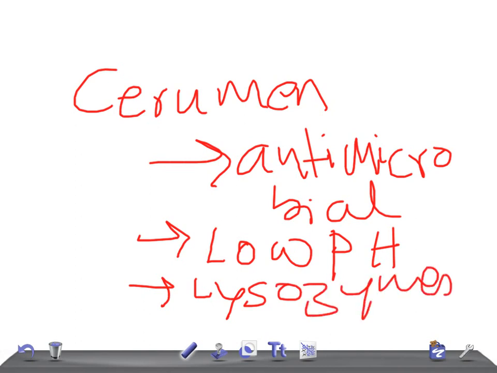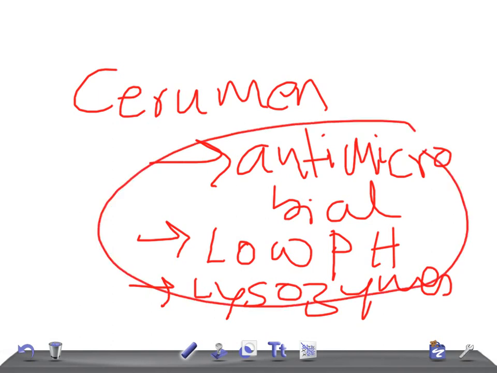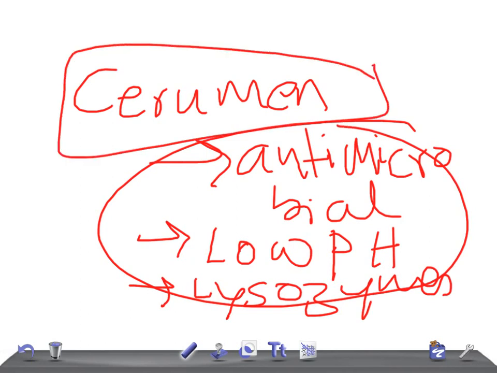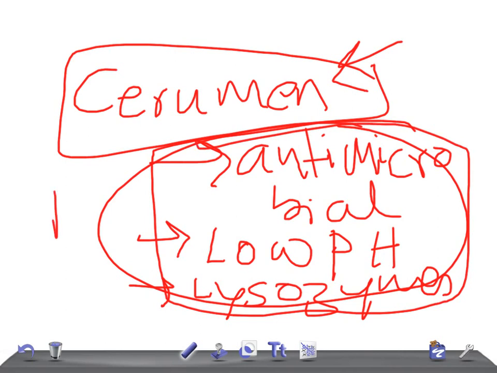Okay guys, look at this: if there is insufficiency of cerumen, if there is low production of cerumen, then the patient may develop acute otitis externa. This is the pathology, sorry. This is really very important.